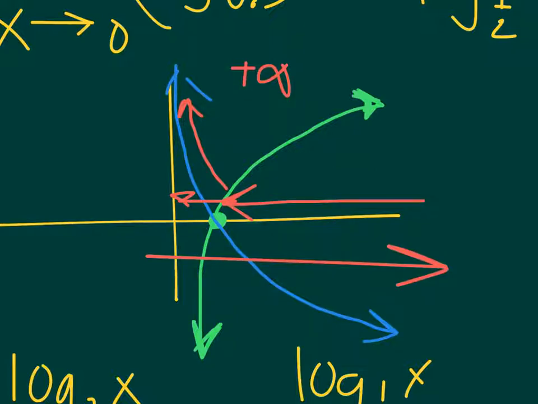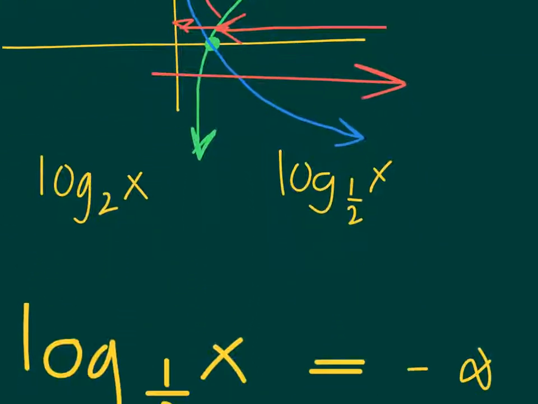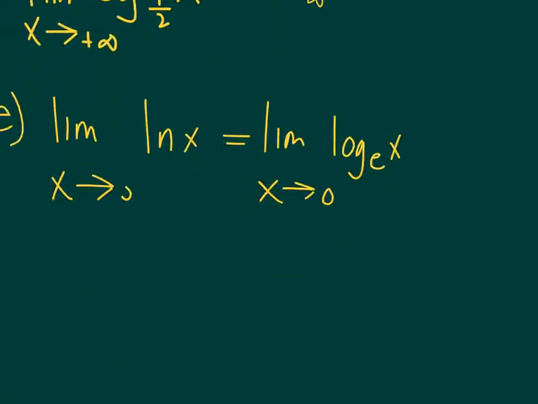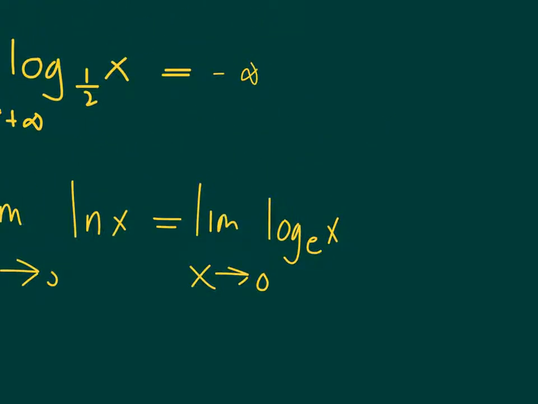Anong nangyayari sa graph? Going down, negative infinity. Diba? So it's easier now to identify the limits once you understand the graph of the function. So the limit must be negative infinity. You don't even need to memorize. Well, you have to memorize the graph, or at least trace the graph before you evaluate the limit.